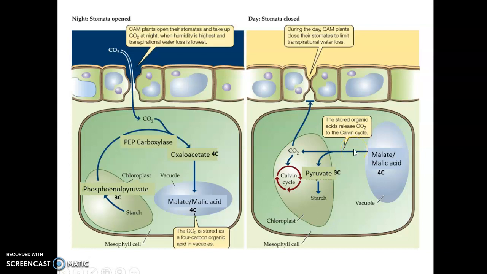The same thing occurs in the C4 pathway. At the same time, malate undergoes decarboxylation, which means it removes one molecule of carbon dioxide. This carbon dioxide may enter the Calvin cycle.